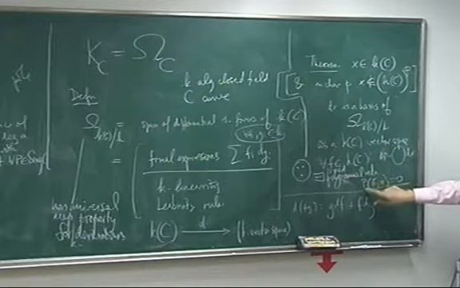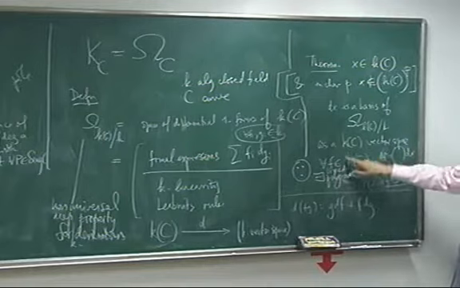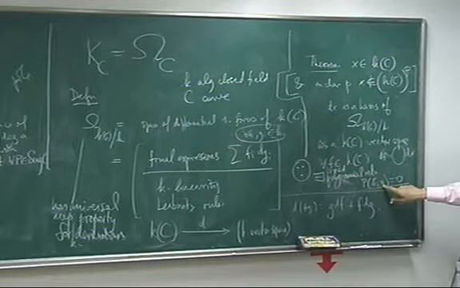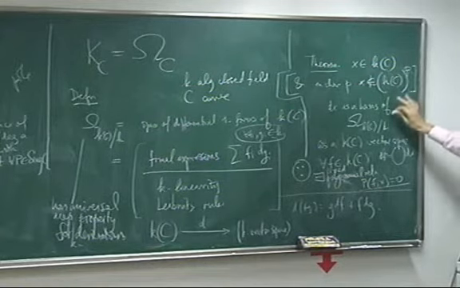It means that every other function in the field can be written as an algebraic function of x, also as a separable algebraic function of x. So that's what this is about. I'm not going to explain it.